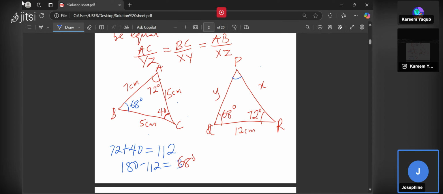That's good. Even without using your calculator, if you study what you have in the other one, we have 72, 40, 68. And we have 68, 72. You know the other one will be 40. So we'll be able to identify the three angles.